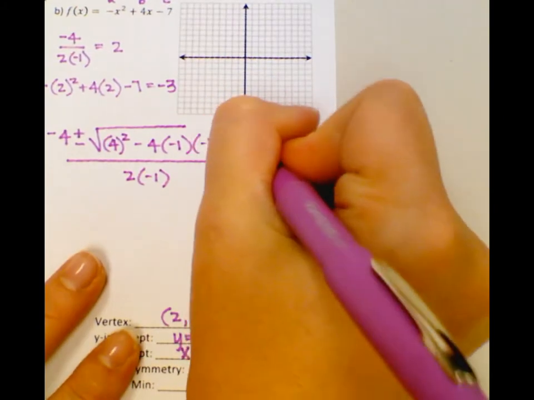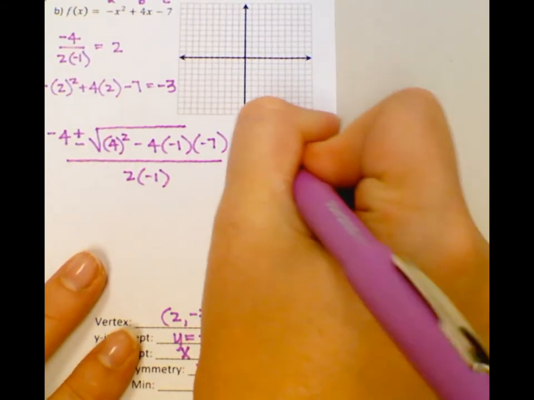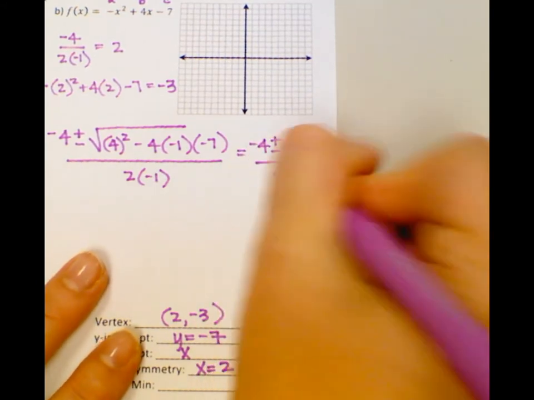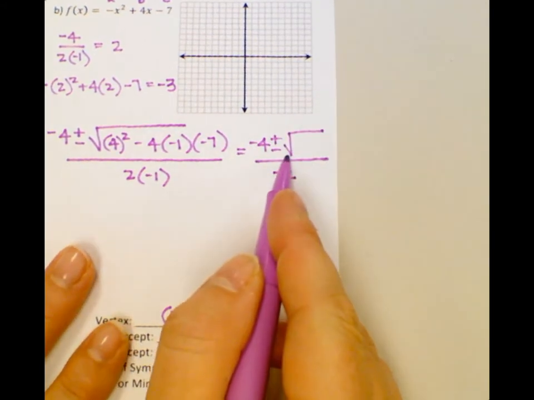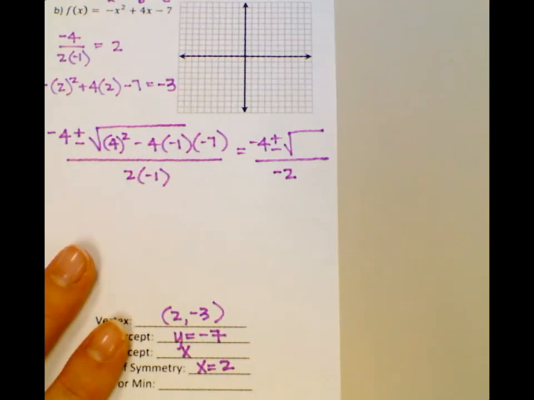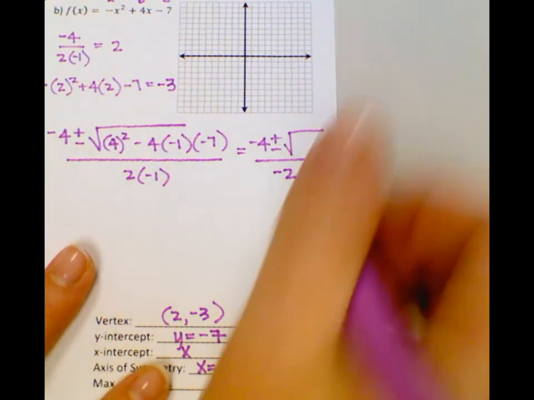All right, first thing I'm going to do is I'm going to use my calculator and put what is under the radical in the calculator. Don't put your radical. Just put all these numbers that's underneath. So I've got 4 squared minus 4 times negative 1 times negative 7. And I get negative 12.